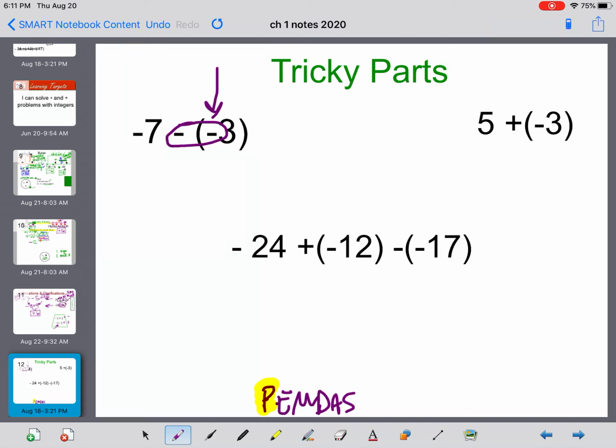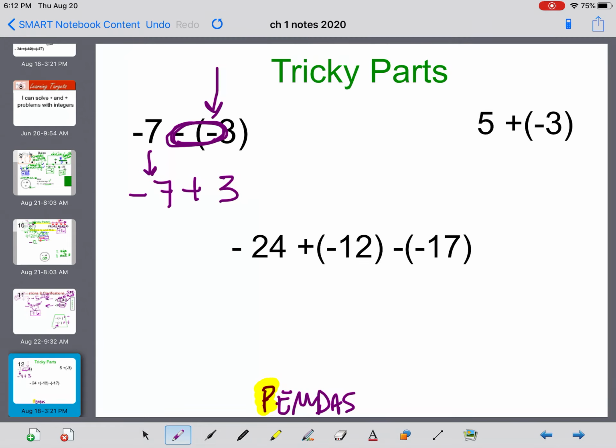So the first thing I have to do is get rid of those double signs. And that's going to help me make this an easy addition and subtraction problem. So I just drop down the -7. I'm not doing anything with that yet. And then I'm going to make these double signs. I'm going to multiply, essentially, a negative times a negative, which gives me a positive 3.